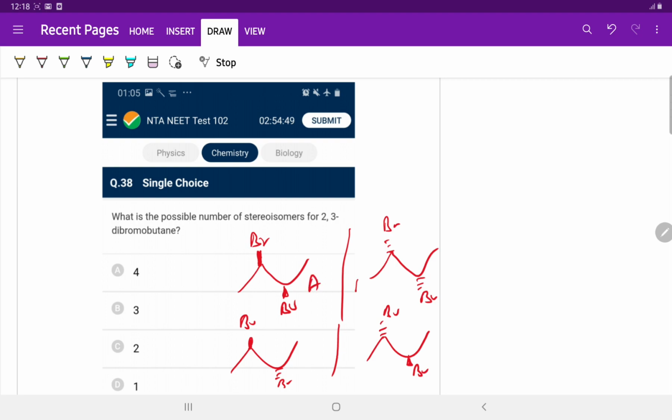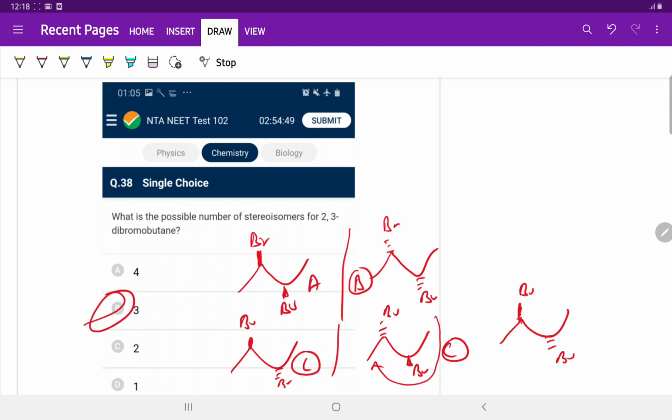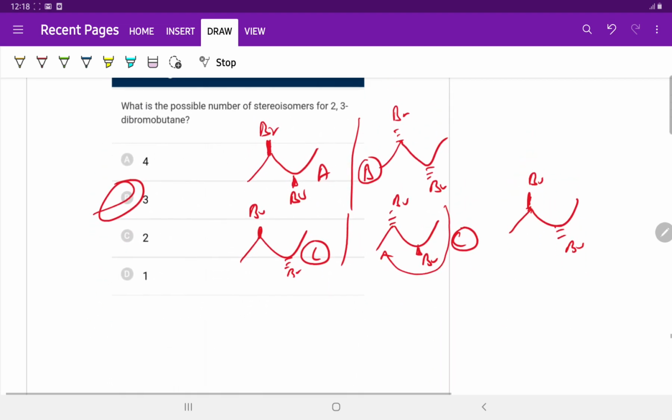This is A, this is B. Since B is the non-superimposable mirror image of A, this is C, but this is also C. On rotating this molecule to this, we will obtain C. So there are 3 answers for question number 44, for question number 38, sorry.